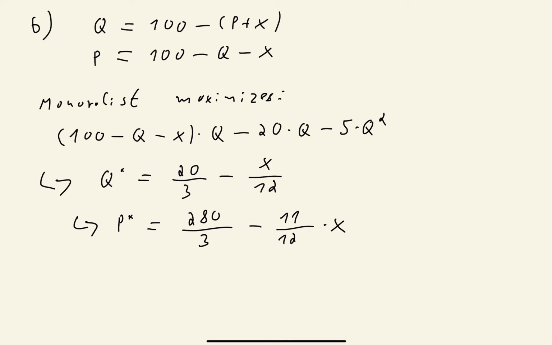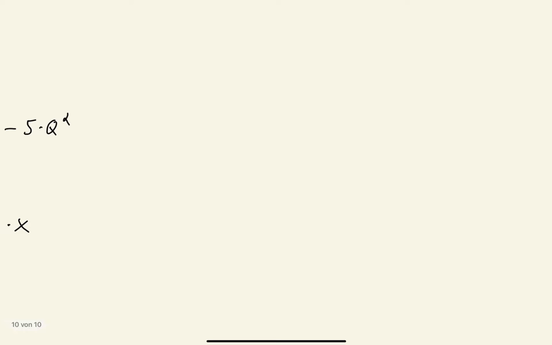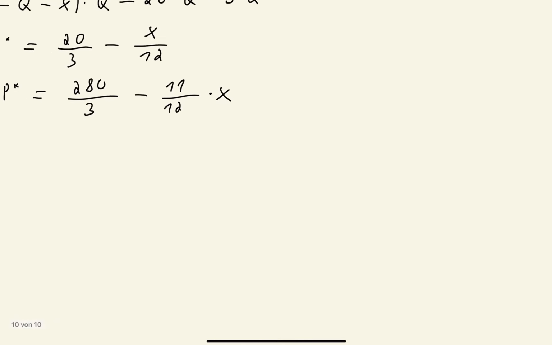Now what we can do is calculate again the consumer rent and the producer rent, so the formulas are basically the same as before. So let me just write this down real quick. The consumer rent again is simply 100 minus, let me just check the price.